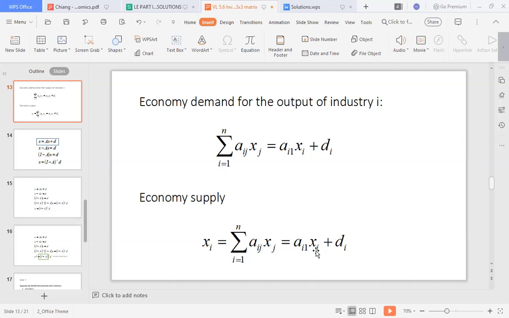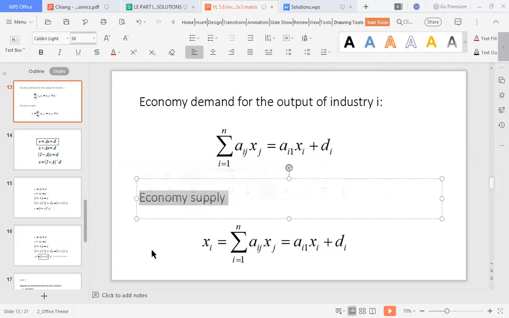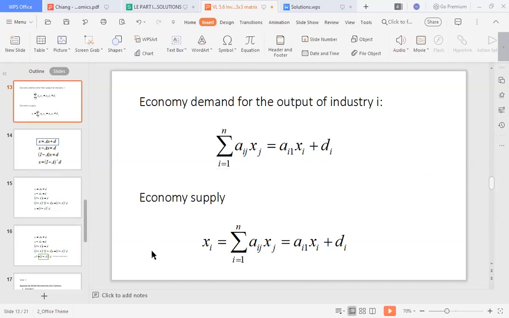What we're looking for is the production level that is just sufficient to meet the input requirements, which is to equate it to the supply of the economy. So what else? Question?